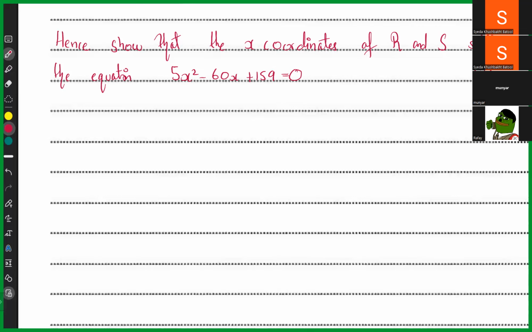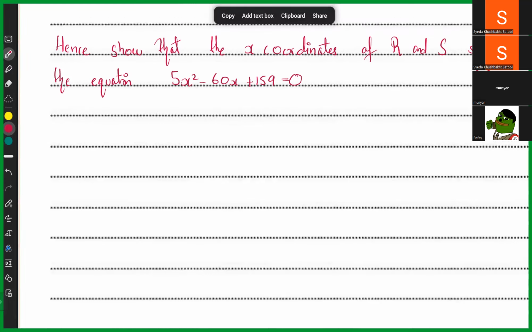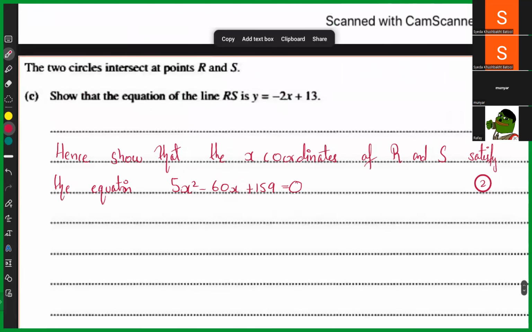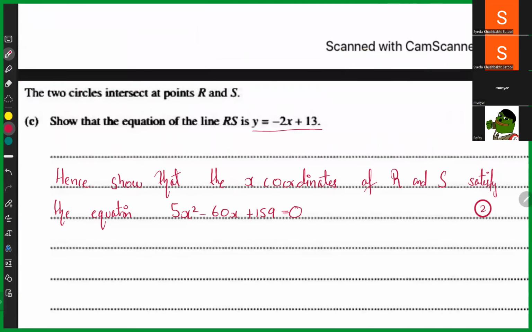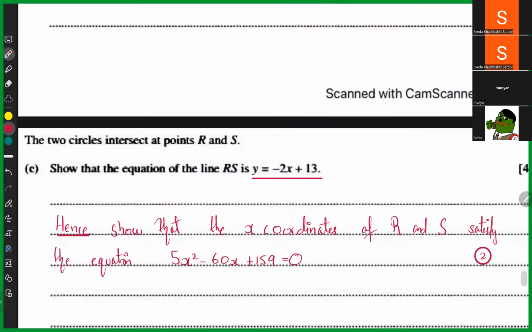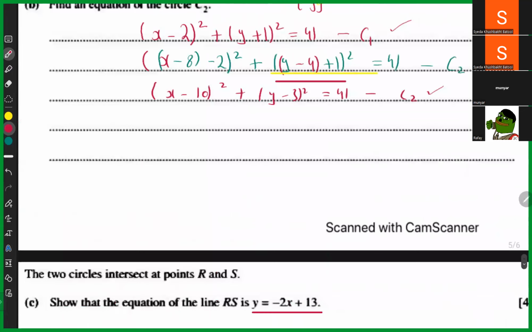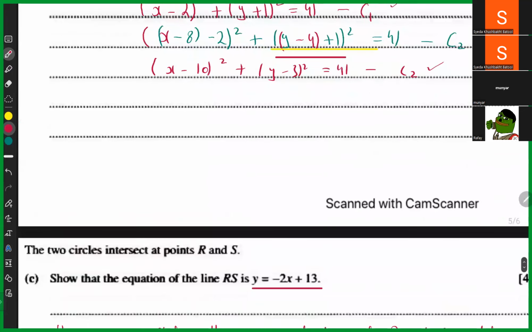And for this, this is basically the equation of RS. That's already used, and hence means that you need to use the previous part, and every other thing is right here in front of you.